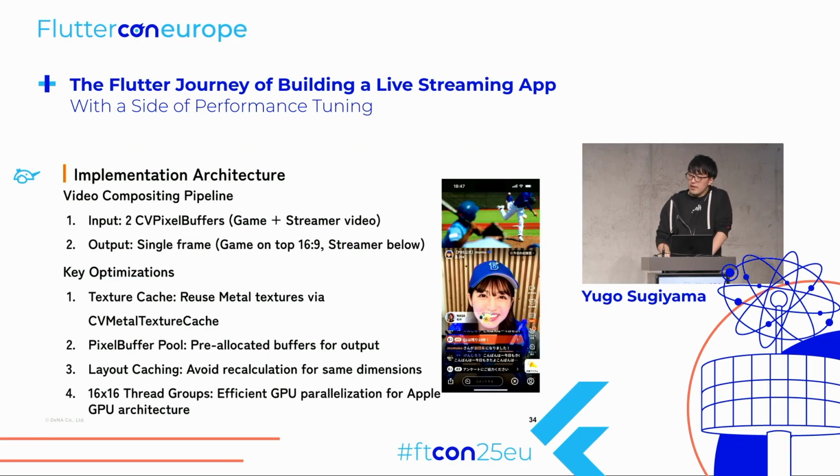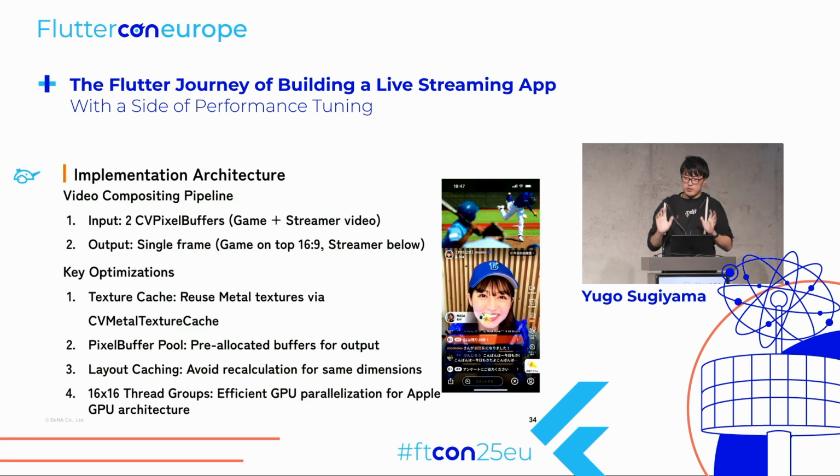From here, I'll briefly introduce the implementation architecture, specifically the video composing pipeline. As input, we take two CVPixelBuffers, one for the game footage and one for the streamer video, and finally output a single composite frame.